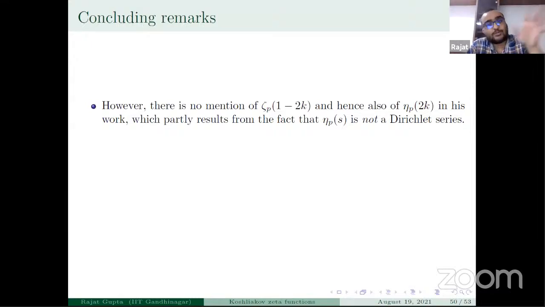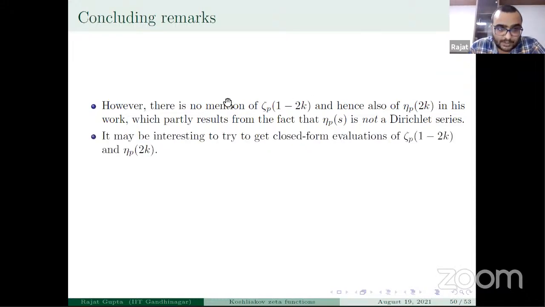However, there is no mention of eta p at negative odd integers, and hence he also did not discuss or give any formula for zeta p of 2k in his work. So it will be really interesting to find such a closed form for these two expressions.